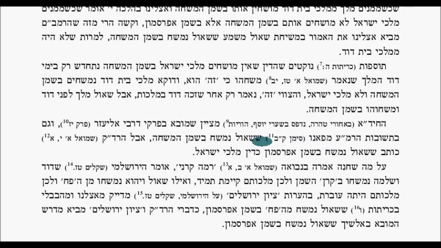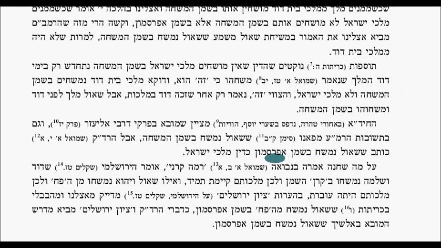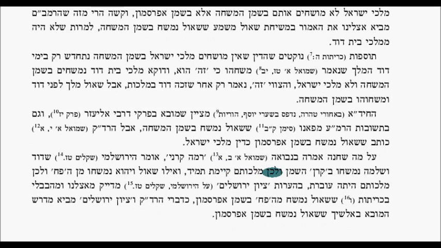The Chida cites that it's brought down in Pirkei Rebbe Eliezer, also Chuvas Amipano, that Shaul was anointed with the Shemen HaMishcha. But Radak writes that they used persimmon oil, like the kings of Israel. What Chana said in her prophecy, Ramah karni, my horn has been uplifted.